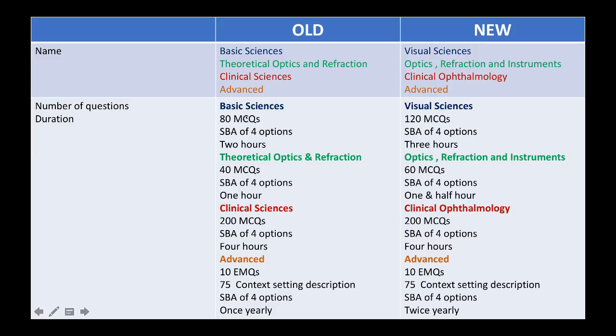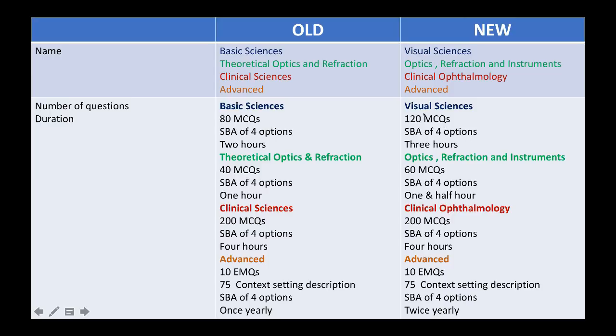For the basic science, it was 80 MCQs, single best answer of 4 options, in 2 hours, while the new exam is called Visual Science. It has 120 MCQs of single best answer of 4 options for 3 hours.